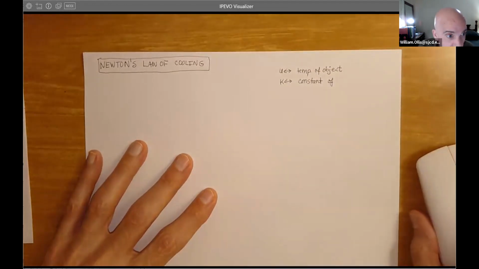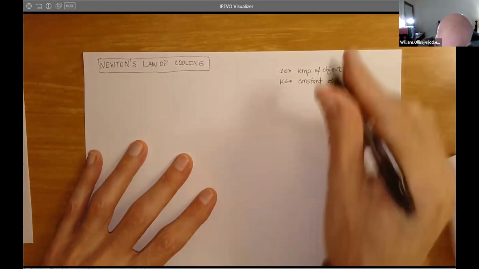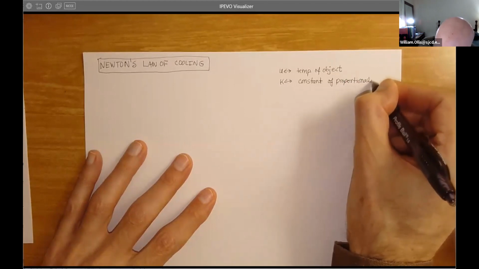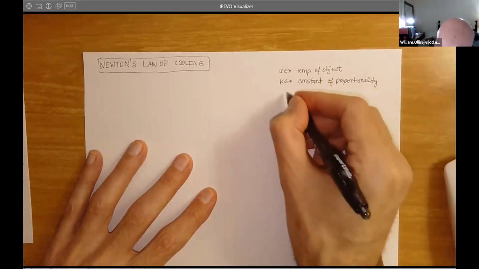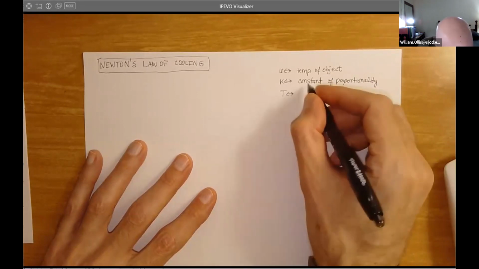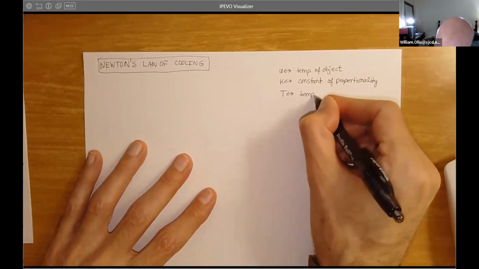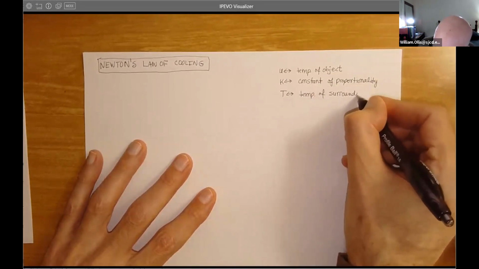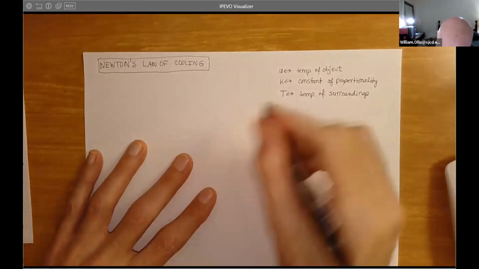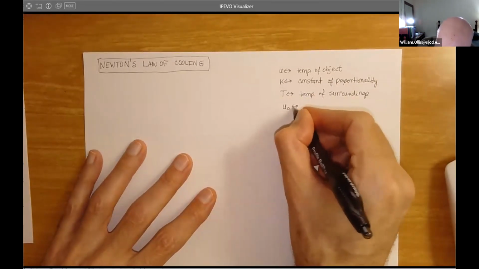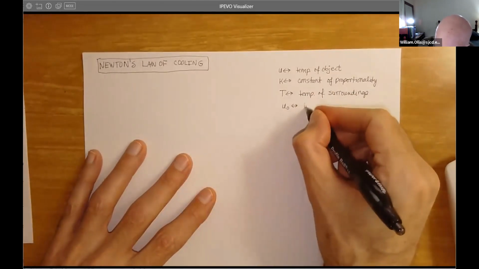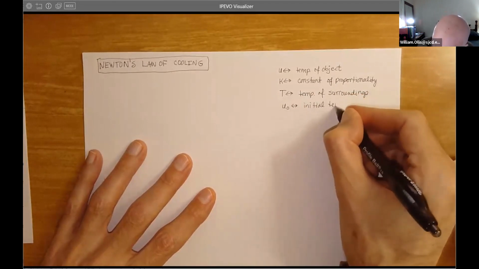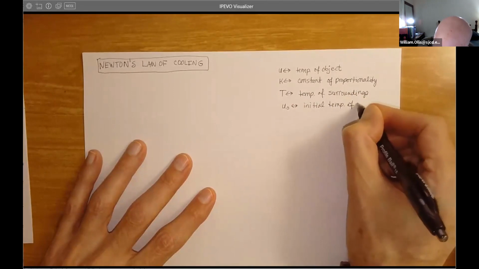Let me move the cursor over here. There it is, of proportionality. And let's see, uppercase T will be the temperature of the surroundings, the ambient temperature, so to speak. And U sub 0 will be the initial temperature of the object. Just like we had initial quantity, initial temperature of the object.